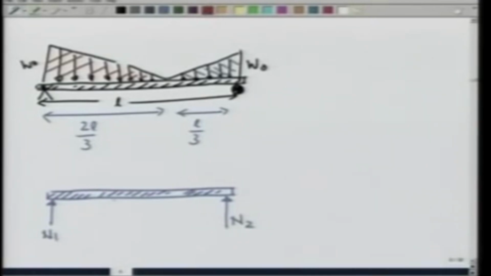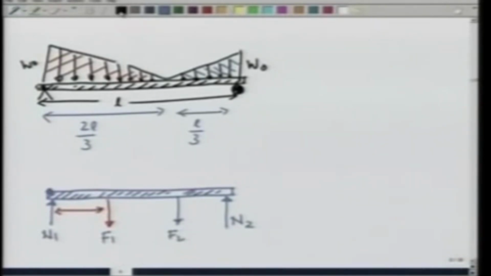I will take the triangle on the left acting like this at a distance which we are to calculate, and similarly the triangle to the right also applies a load. Let us call these F1 and F2.